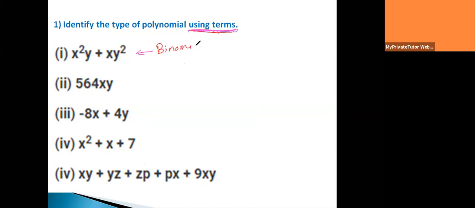Who will answer the next one? How many terms we have in it? Yes, we have only one term, isn't it? So it's a monomial. So what about the next one?